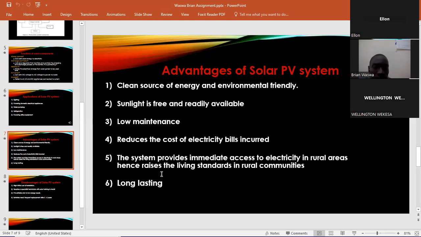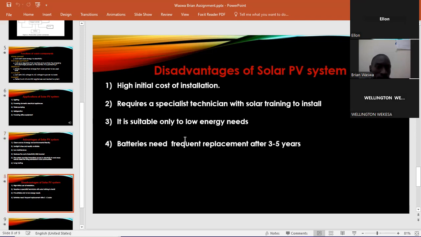Then the last one is that a solar PV system is long-lasting. It has a long operating life before you can think of replacing or carrying out meaningful maintenance. Then in our last subsection we look at the disadvantages of solar PV system. The first one is the high initial cost of installation.